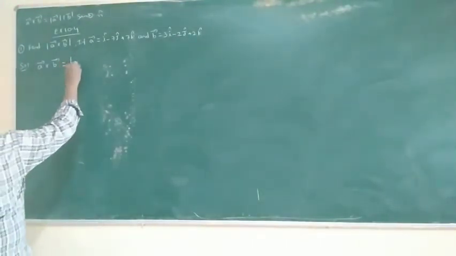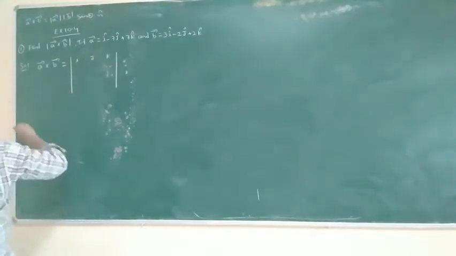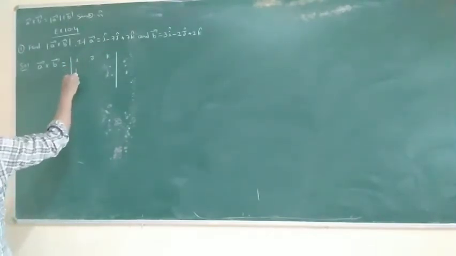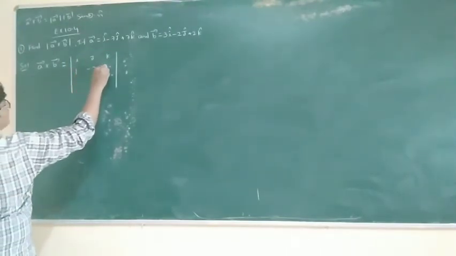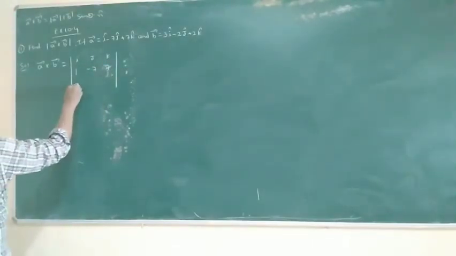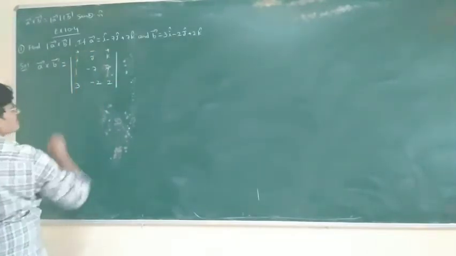First, i, j, k. First, the A vector components, scalar components: 1, minus 7, 7. Next, 3, minus 2, 2, with signs plus, minus, plus.